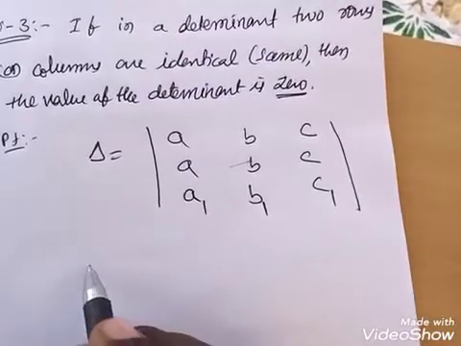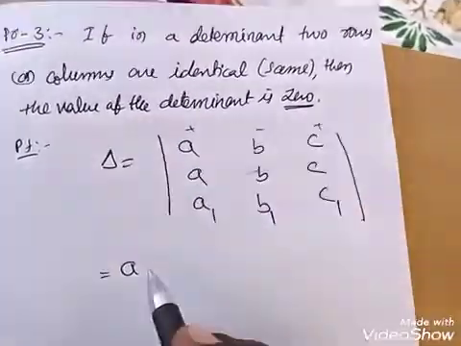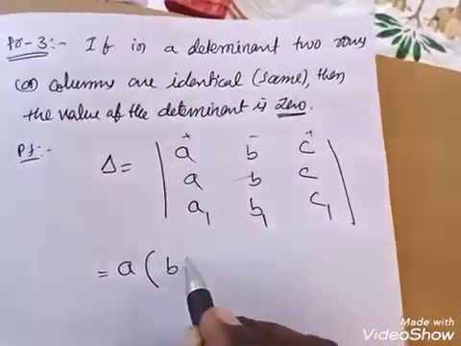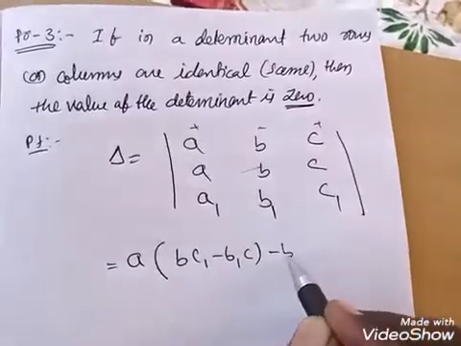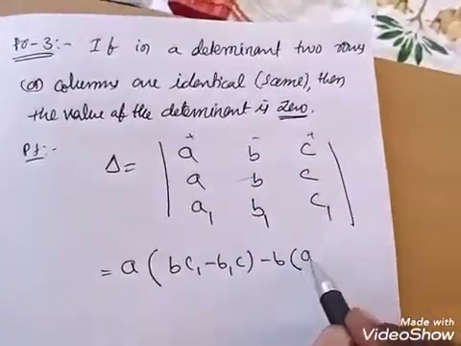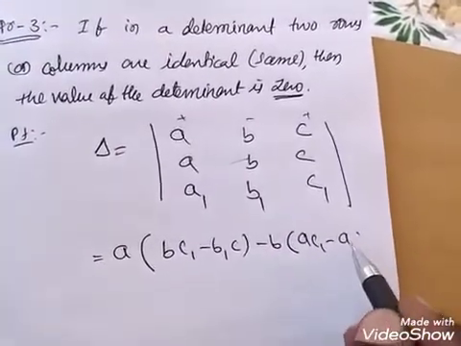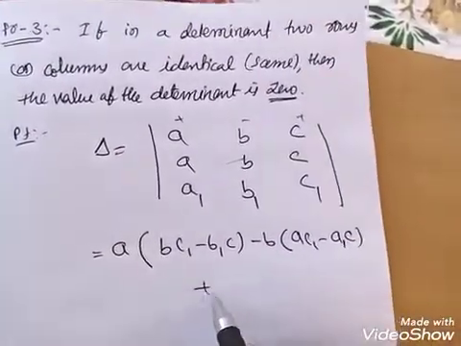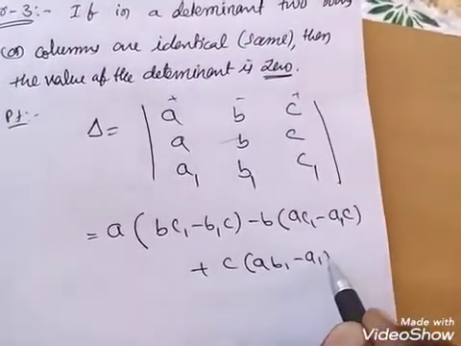Now what I am doing, observe, if I expand, this is plus minus plus, a into BC1 minus B1C, minus B into AC1 minus A1C, plus C into AB1 minus A1B.